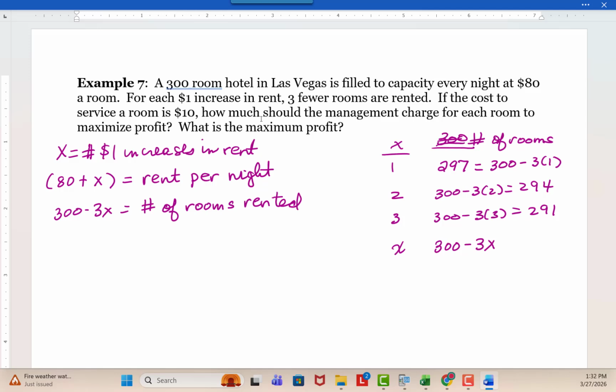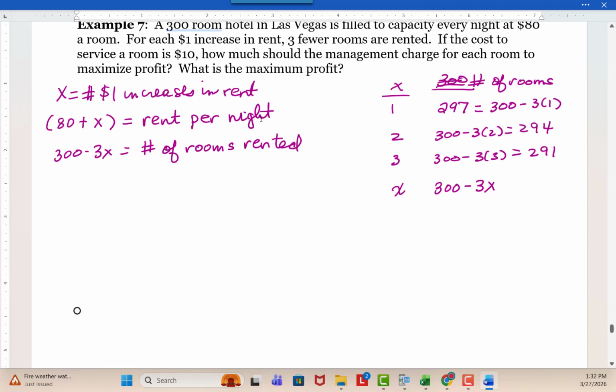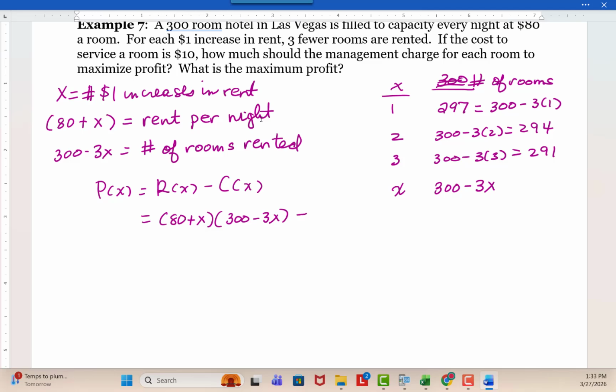Okay, so now it's time for us to come up with our profit function. We know that profit can be found by looking at revenue minus cost. Our revenue is going to be the rent per night times the number of rooms rented. So we have 80 plus x is our rent per night, and 300 minus 3x as the number of rooms rented. Now, we do have an expense, and that is the $10 fee to service a room.